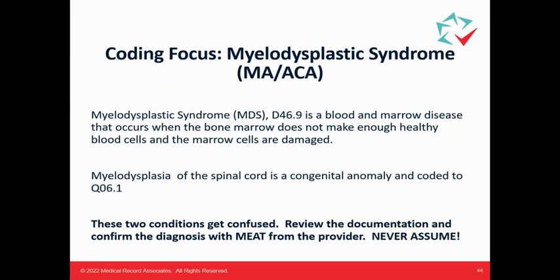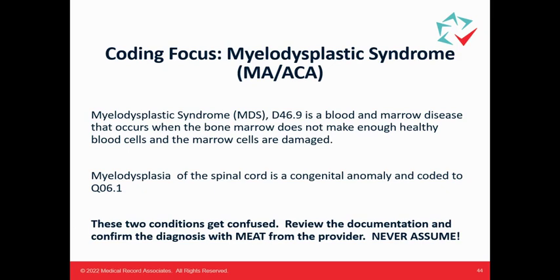All right, this is myelodysplastic syndrome, which is for both MA and ACA. We see this from time to time that there's confusion in coding myelodysplastic syndrome, D46.9, which is a blood and marrow disease that occurs in the bone marrow, does not make enough healthy blood cells, and marrow cells are damaged.